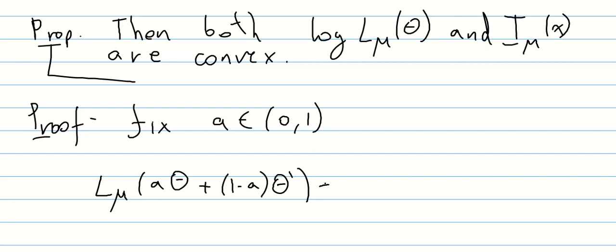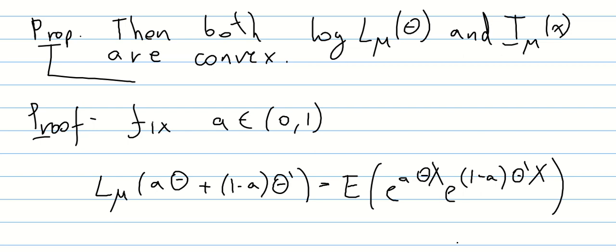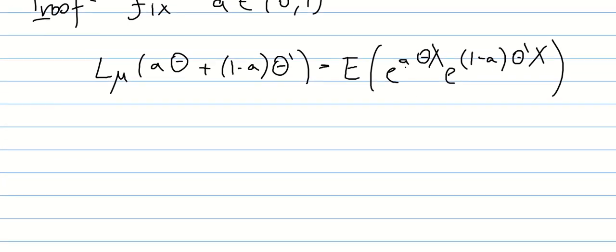This is an expectation of e to the something times x, but exponential of the sum is the product of the exponentials, so we can write this as such. And here you see that we have exponents a and 1 minus a.